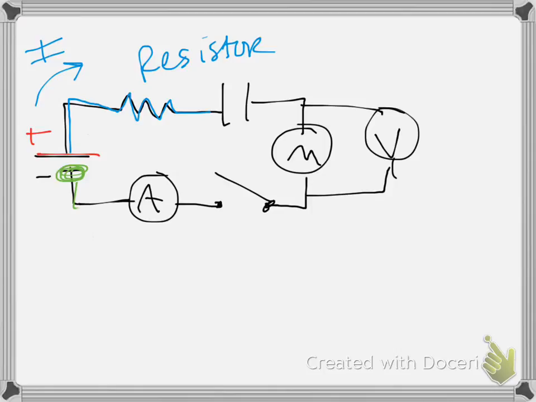We'll talk on the next slide about what makes good and bad resistors. The next thing it comes to is a capacitor. This is a parallel plate capacitor. Capacitors store charge, and we'll talk about capacitance. The more capacitance a capacitor has, the better it stores charge.